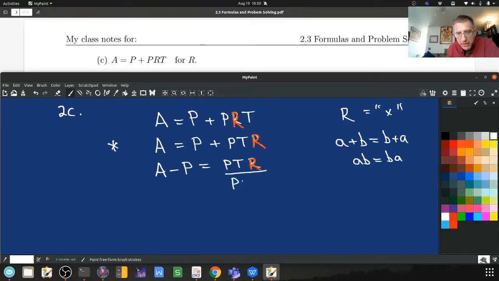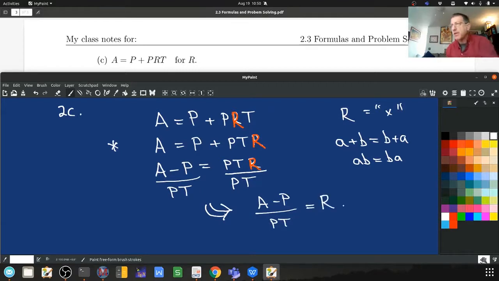So we just divide both sides by P times T. And don't leave it in that form. Write it out. That's A minus P over P times T is equal to P times T times R divided by P times T, which just leaves my R. Okay.